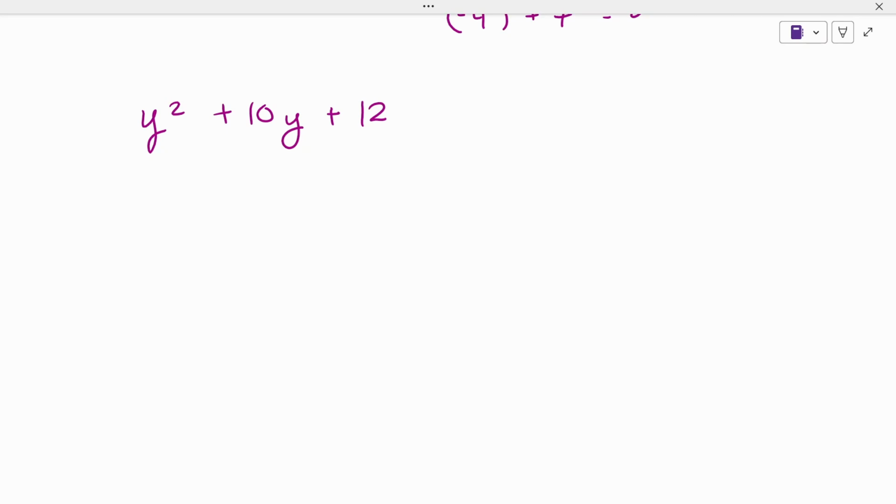Y squared plus 10y plus 12 happens to be one such trinomial where, if you perform factorization of it, you're not necessarily guaranteed to have rational roots.